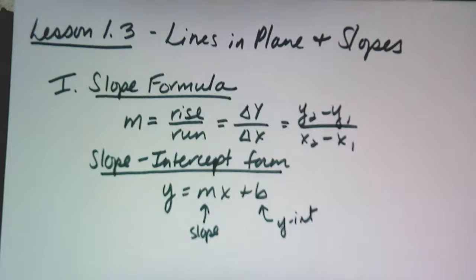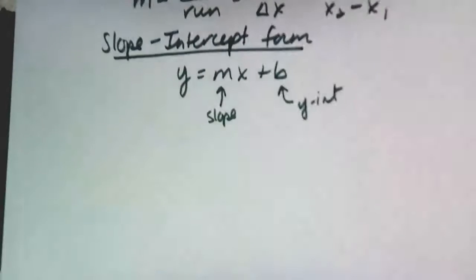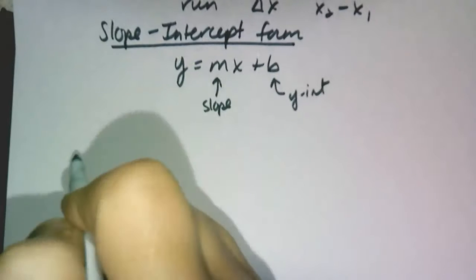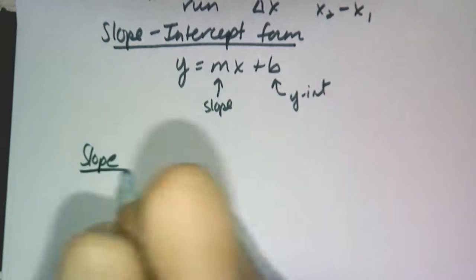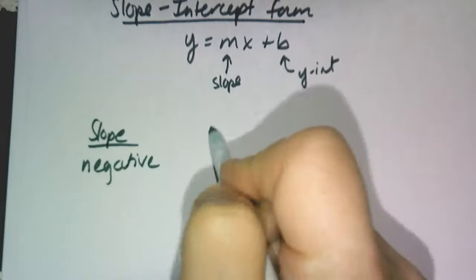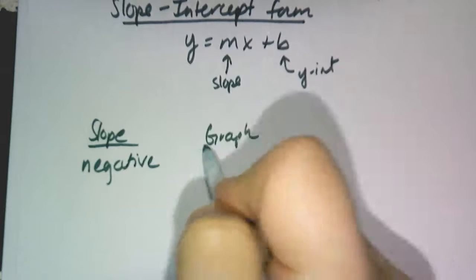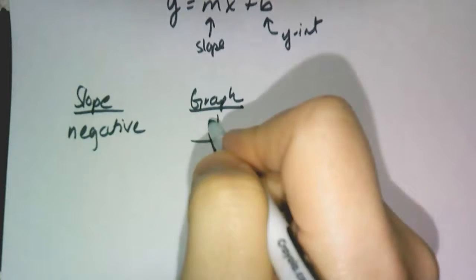All right, now slope, there are 4 different types of slope, okay? And I originally graphed this, but I'm going to do this in a different way. Your slope can be negative, which graphically, what does that look like? What does the line look like it's going? Down. So you read a graph from left to right, so your graph will look like the slope is going this way.